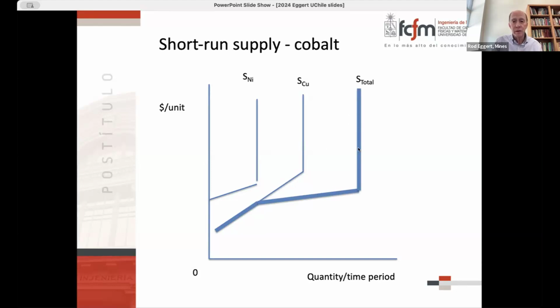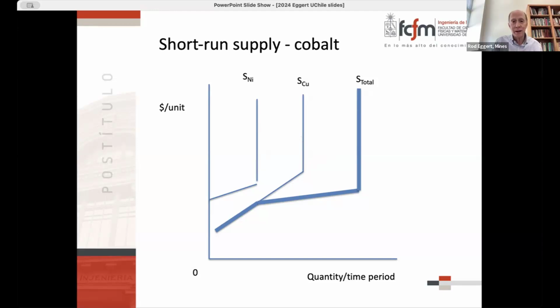And then this quantity will represent what? The sum of this quantity and that quantity. Did that make sense? So now we have total supply.